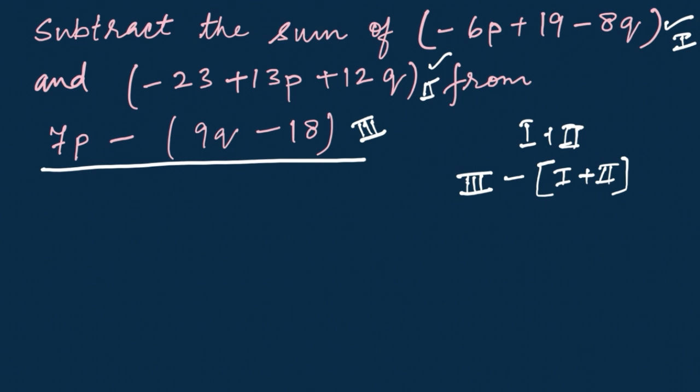The first term is minus 6p plus 19 minus 8q. Just write the similar terms one below the other.